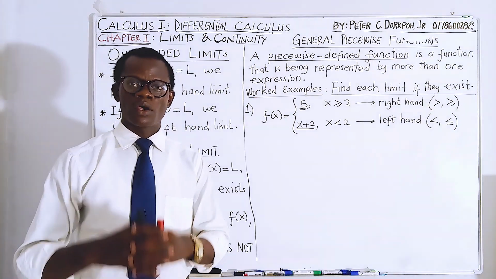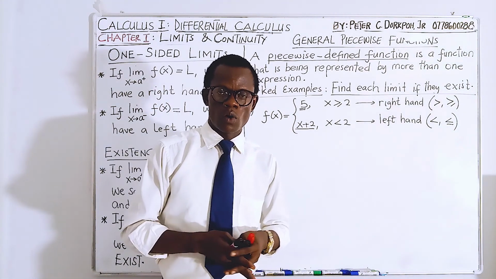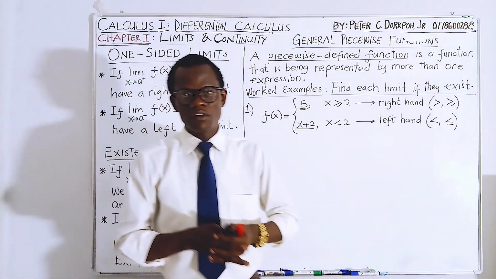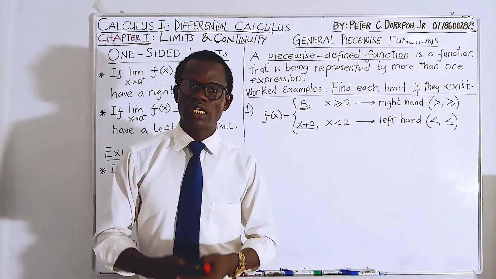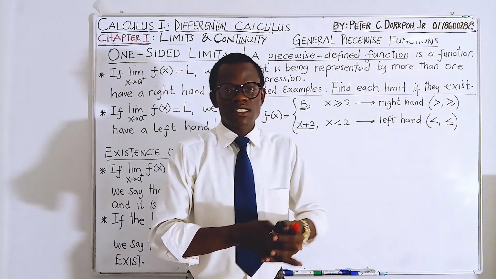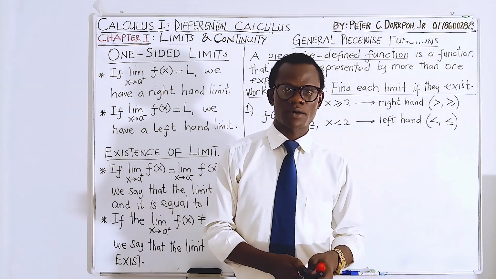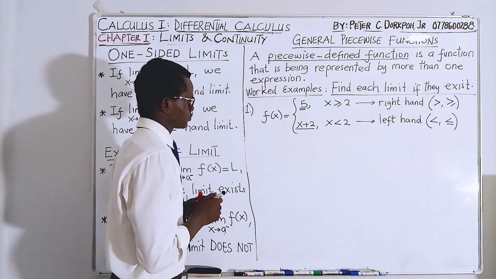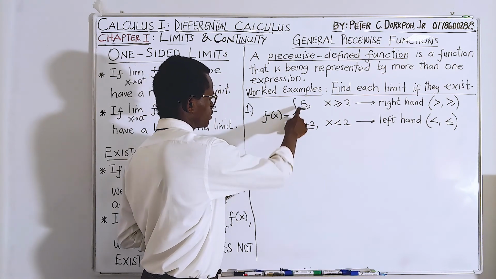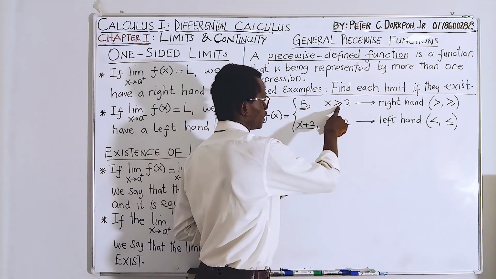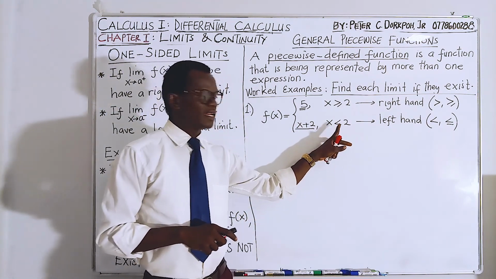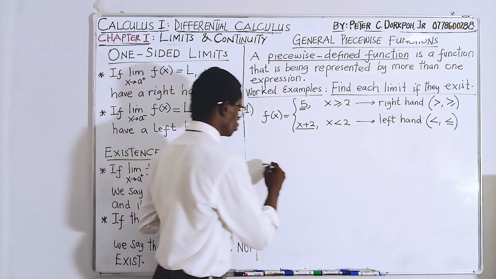We said a limit does exist when the limit of a particular function as x approaches a value from the left is equal to the limit of the same function as x approaches that same value from the right-hand side. So let's look at this. f of x is equal to a piecewise function, which is 5 if x is greater than 2 and x plus 2 when x is less than 2. This is 2.